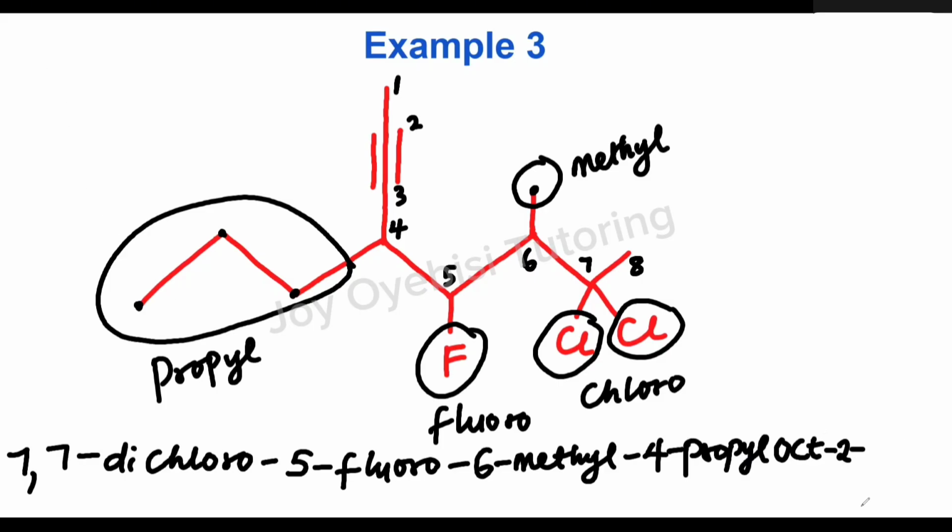And since this is a triple bond, the parent name is going to end with y-n-e, and therefore this is oct-2-yne. So the name of this compound is 7,7-dichloro-5-fluoro-6-methyl-4-propyl-oct-2-yne. And that is it.